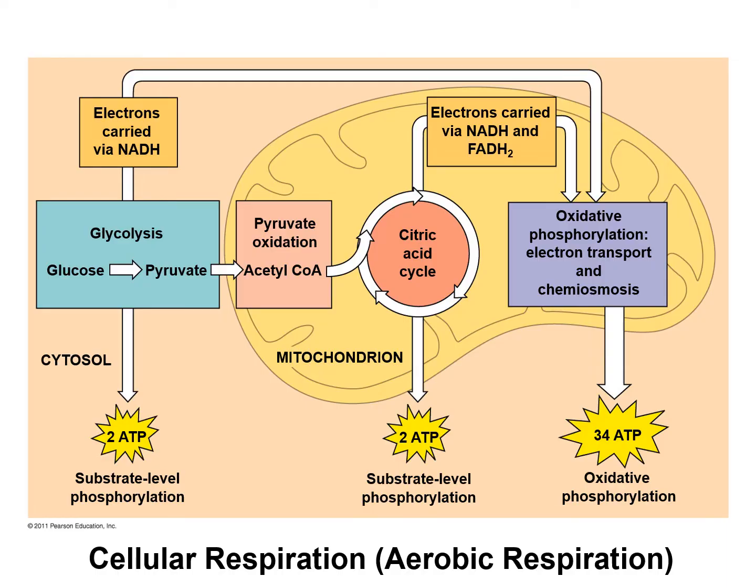Here's a picture showing the mitochondria over here, and the cytoplasm out here where glycolysis occurs. Then forming the acetyl-CoA, the Krebs cycle or citric acid cycle, and oxidative phosphorylation, these 3 steps all occur within the mitochondria.